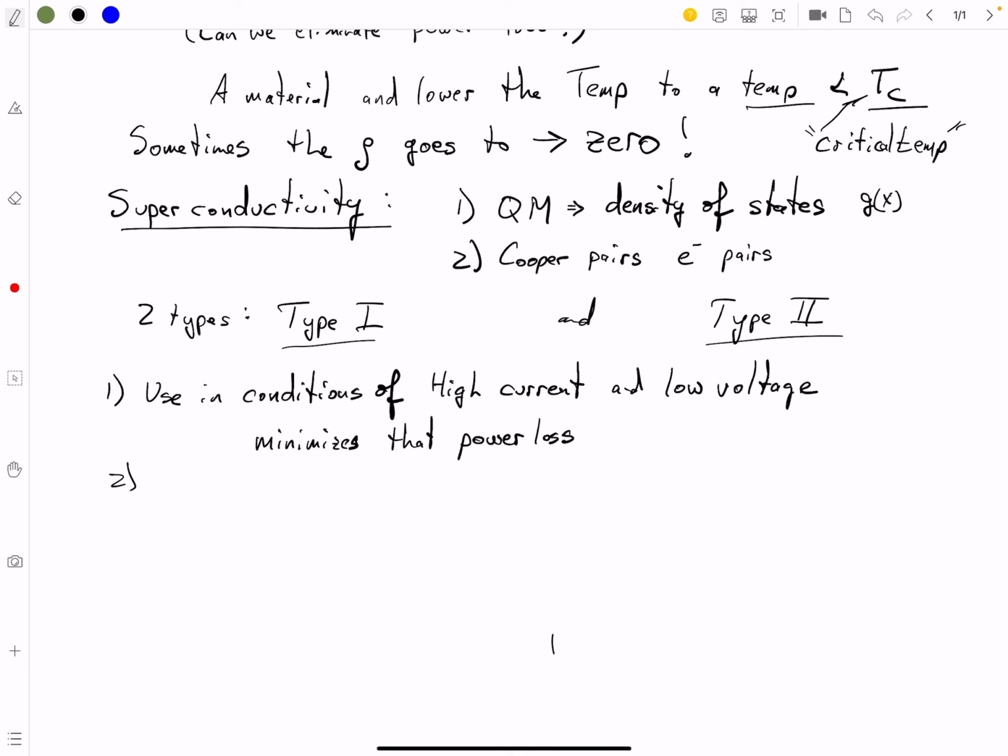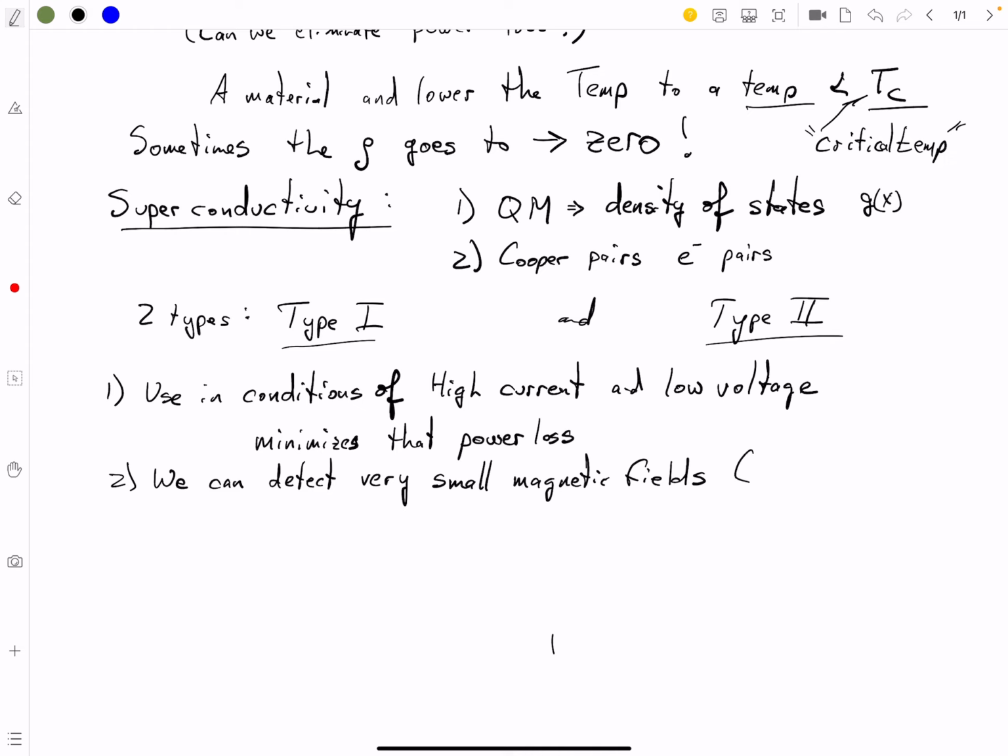Two, the detection of very small magnetic fields. So we can detect very small magnetic fields.